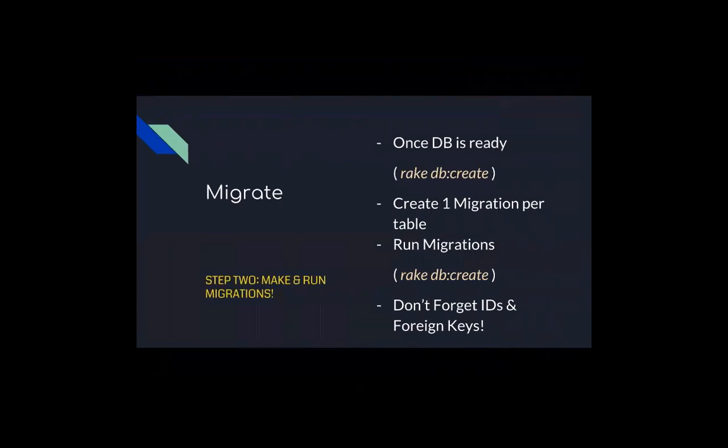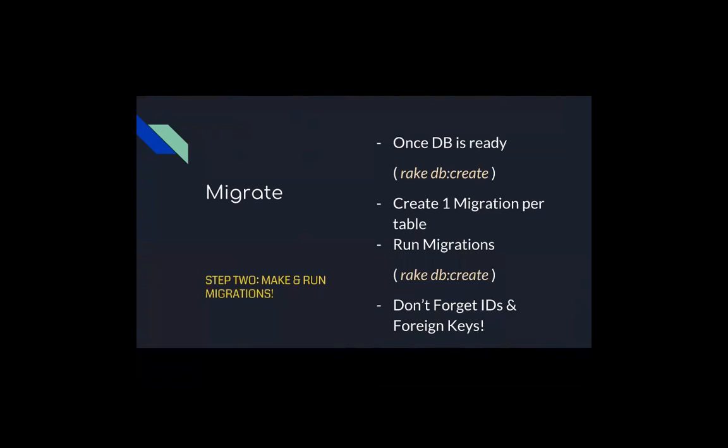Remember previously in your terminal you did create DB name for creating a Postgres database, right? When I did create DB schools earlier this week, that was creating a database in Postgres called schools.